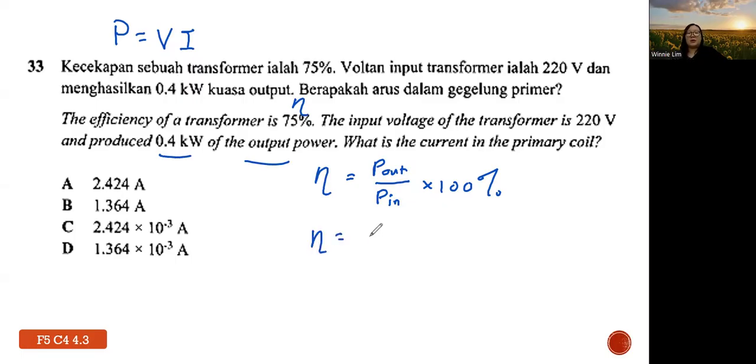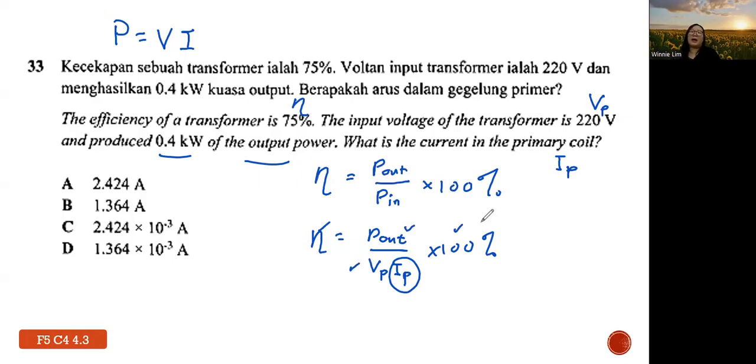You remain the output the same, but then input is VPIP. You can change it to this idea. So they're giving you the input voltage and they actually want you to find IP.